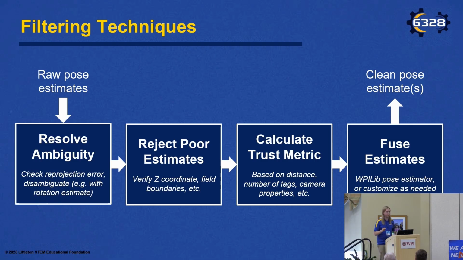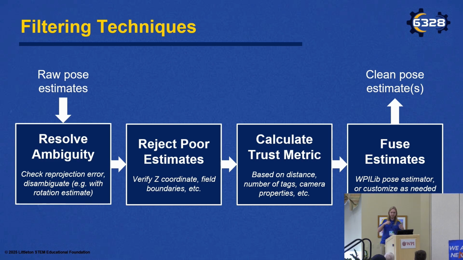Typically, that's in the form of a standard deviation if you're using the most common pose estimators. But generally, we find it's not actually very useful to think about it as a standard deviation with units. You could try to measure it in theory, but really it's just a generic tuning metric, and you'll get the best results through trial and error, looking at the results and going from there.